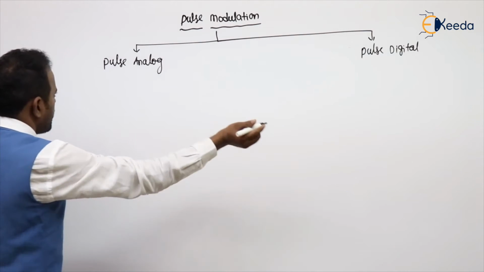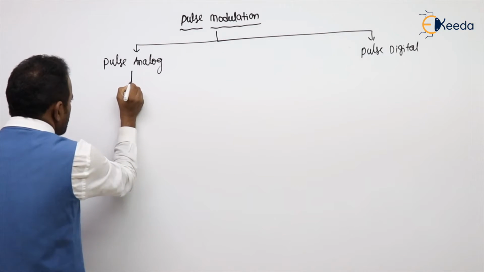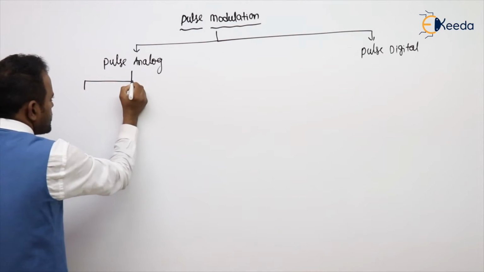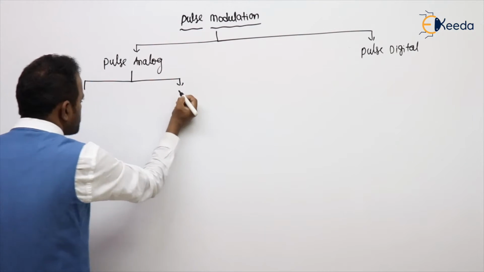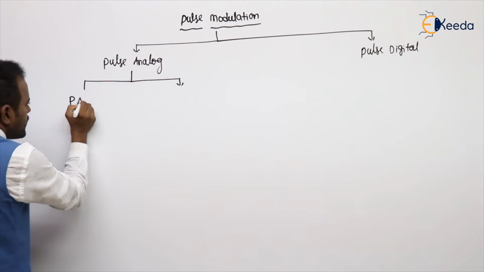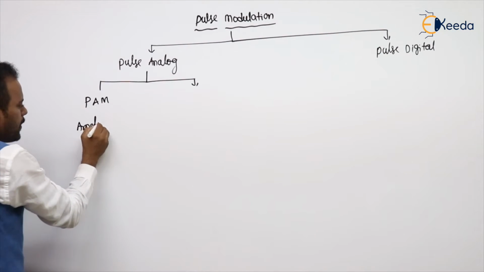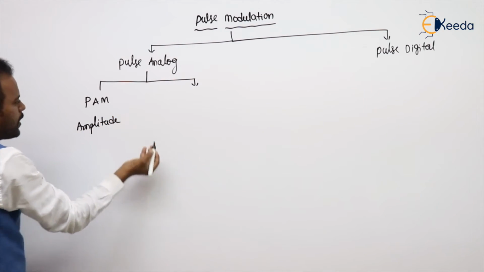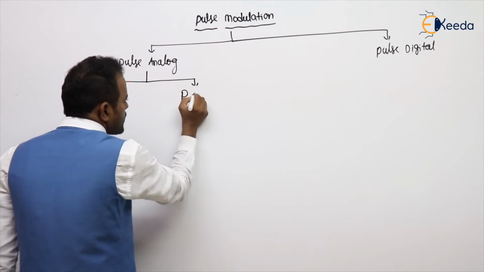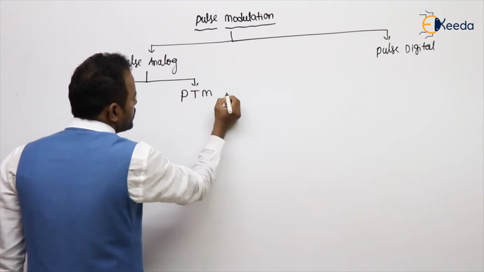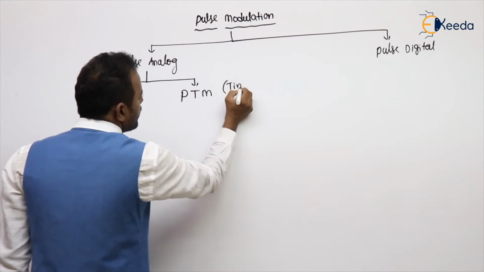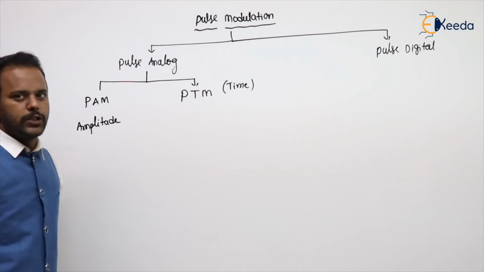Coming to pulse analog modulation, it is classified into two types. One is called, students, pulse amplitude modulation, where A means amplitude. Another one is called pulse time modulation, where T means time.